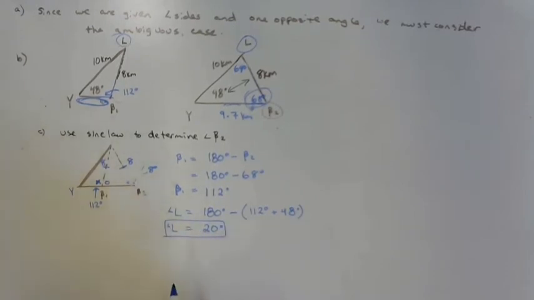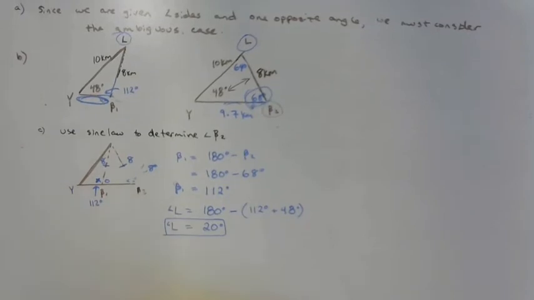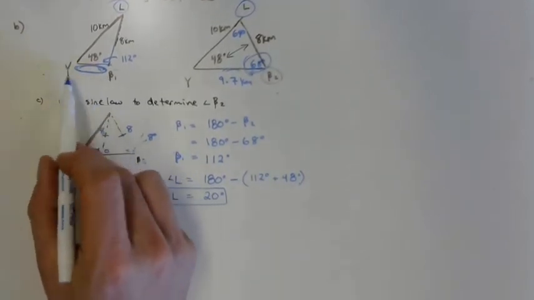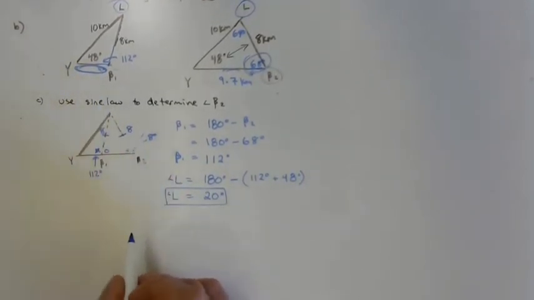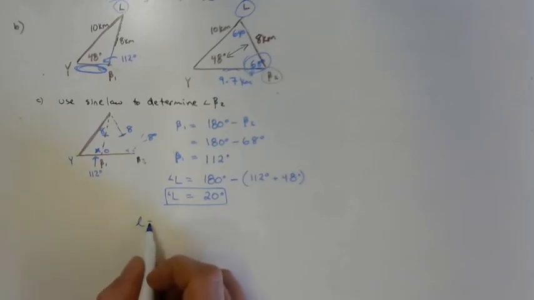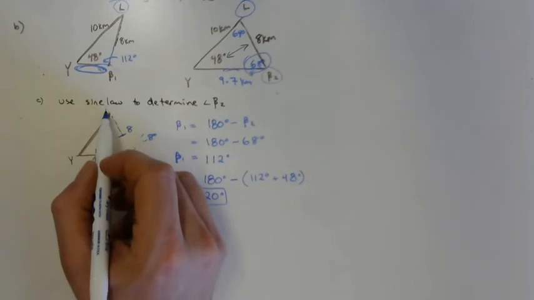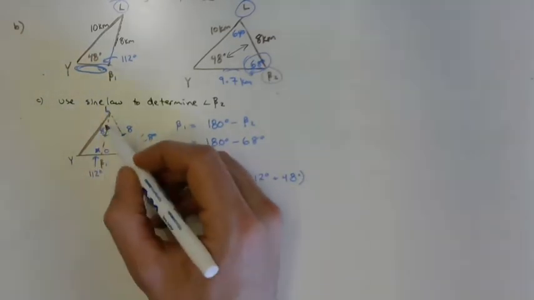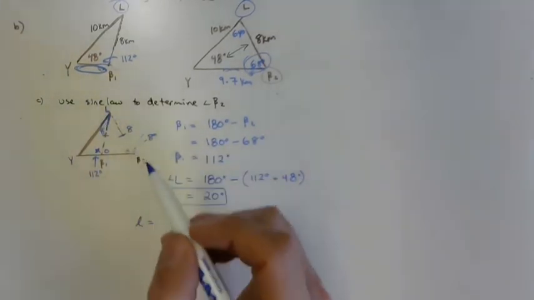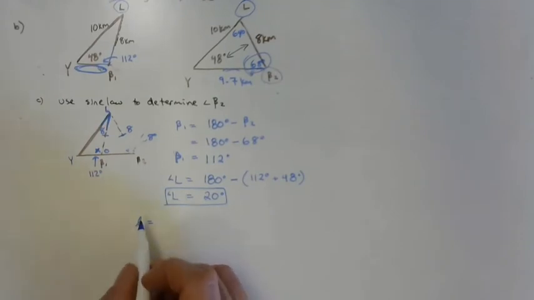Now we can use sine law again to get our second possible distance from the yacht to the sailboat. Here we go. We're looking for side length L in our skinnier triangle. This is angle L. All right.